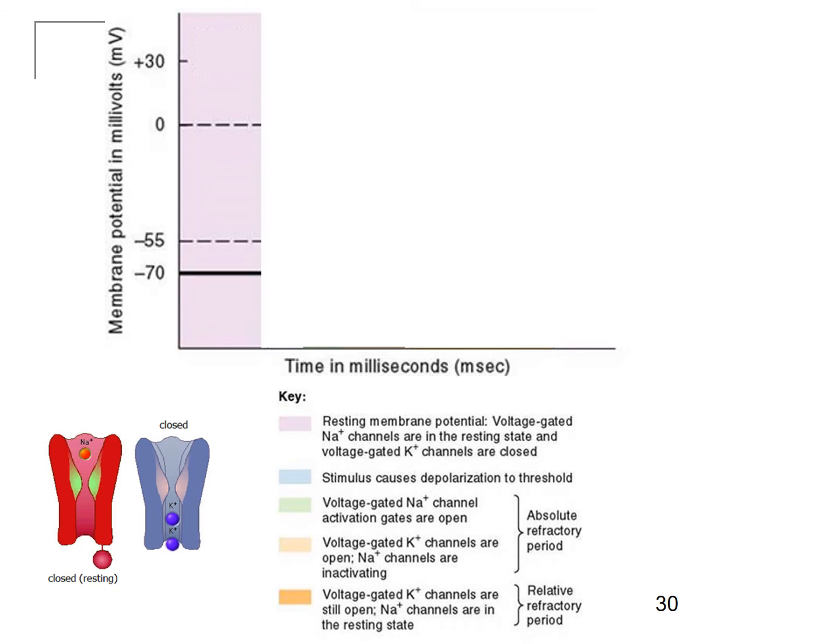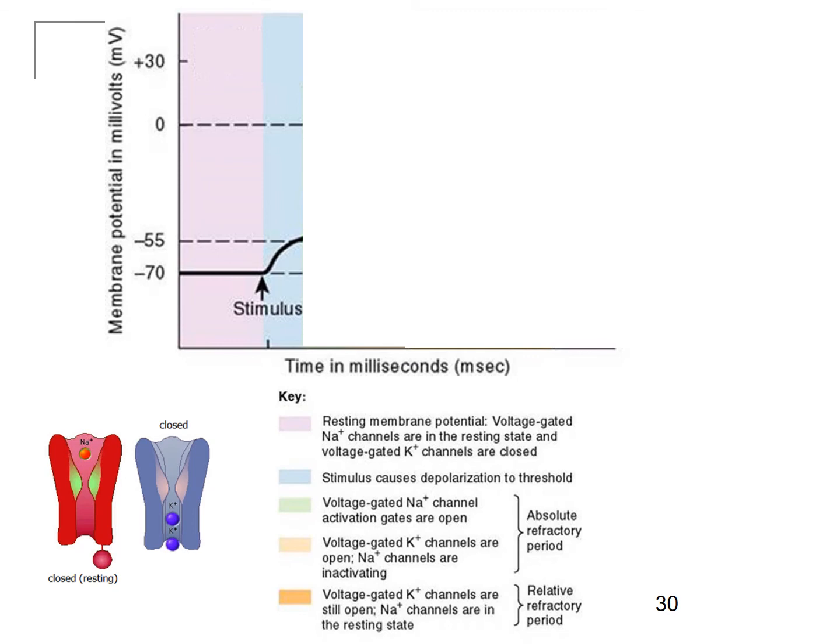So what do you do to open this channel? You have some sort of stimulus happen. As long as the stimulus has not reached threshold, then the sodium channels, again in the red, stay at their resting state. The activation gates stay closed, the inactivation gates are still open. At this point, also the potassium channels are still closed.